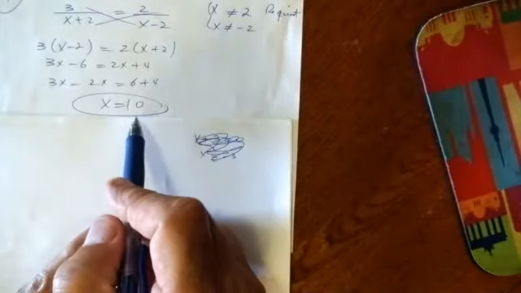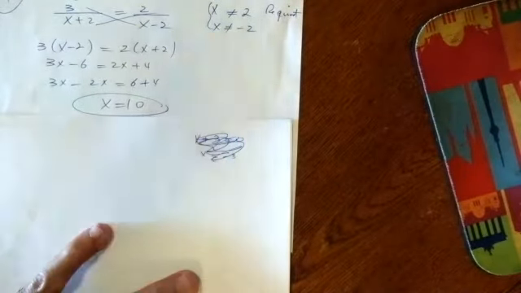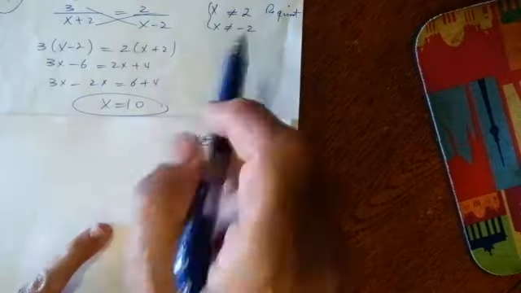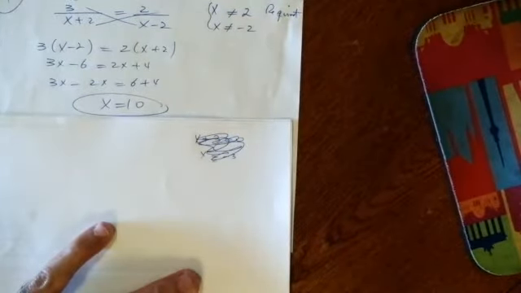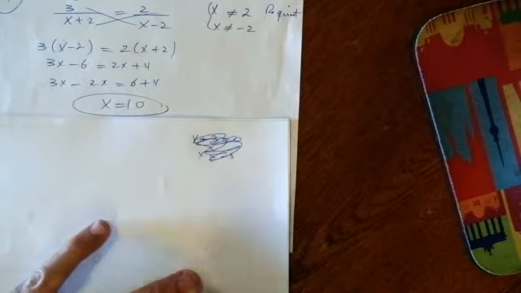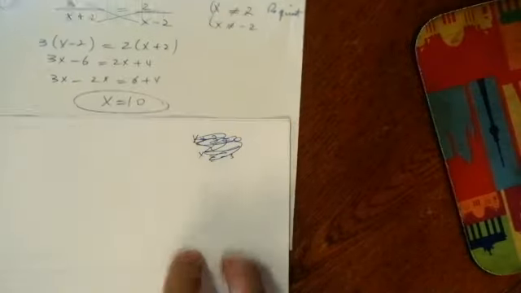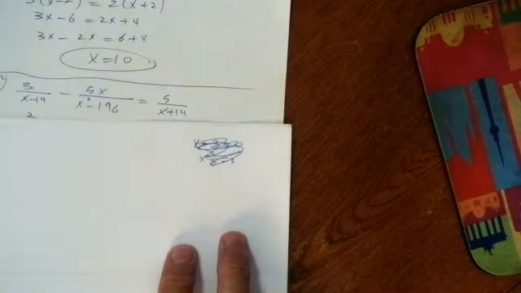So I would accept 10 because 10 is not either of these two. As long as you don't have these two answers, you could accept that. This is another one.